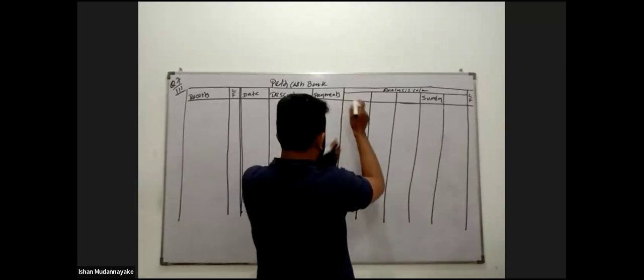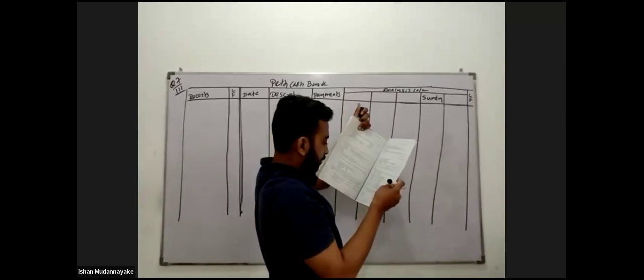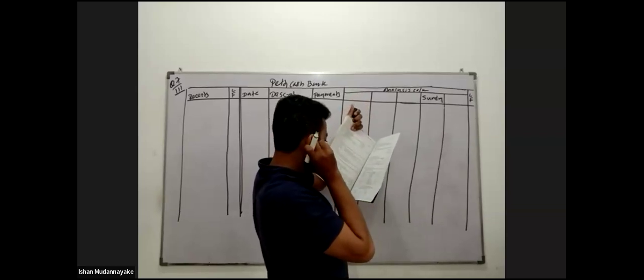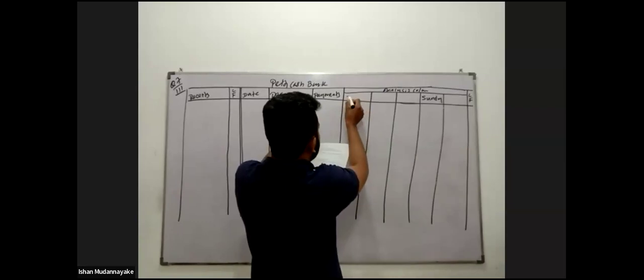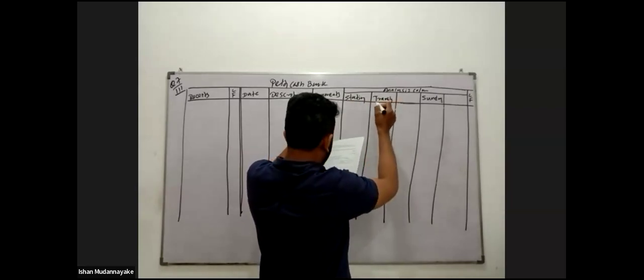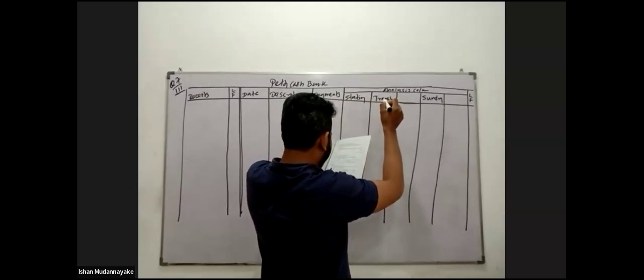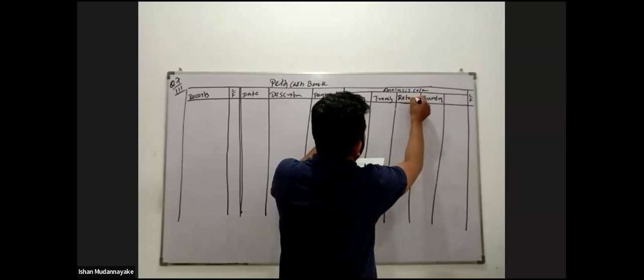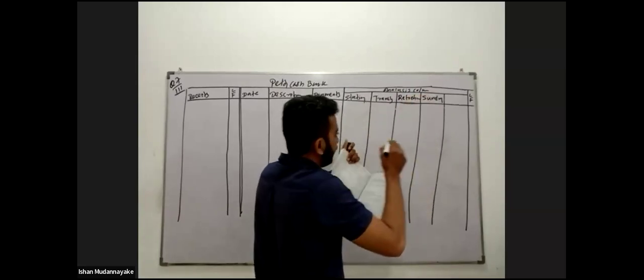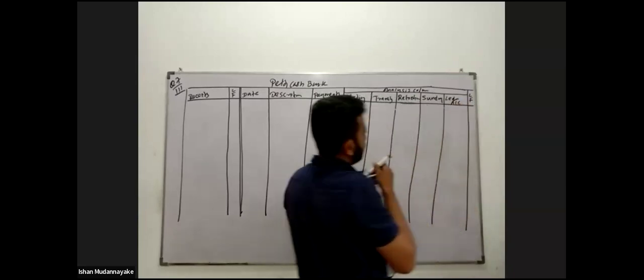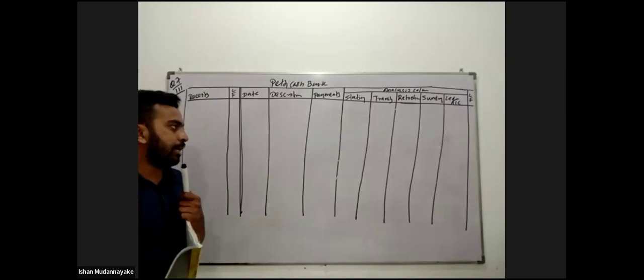First one is stationery, then traveling, refreshment, sundry, and then the last one, ledger accounts.